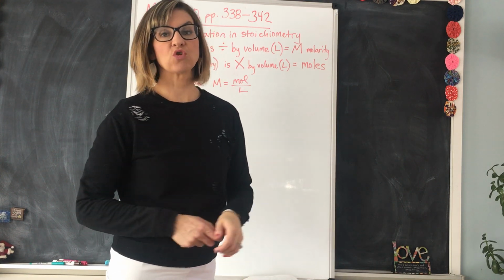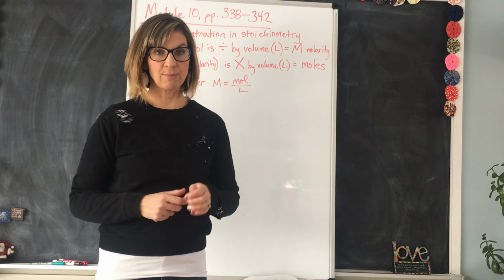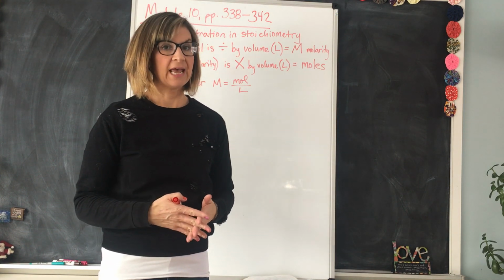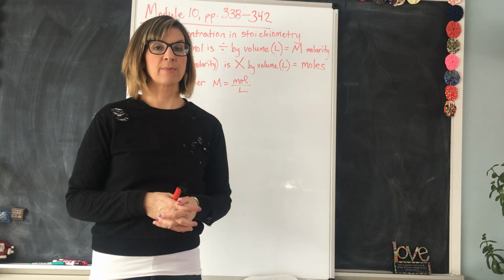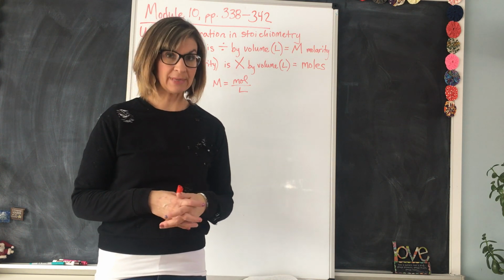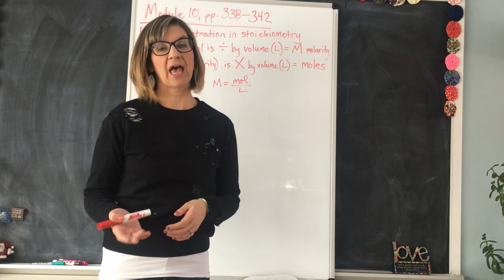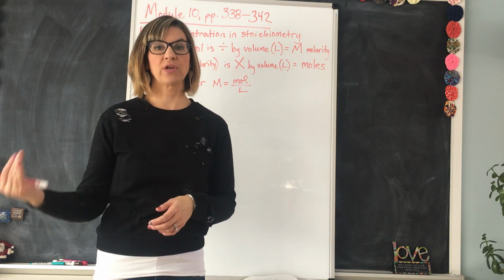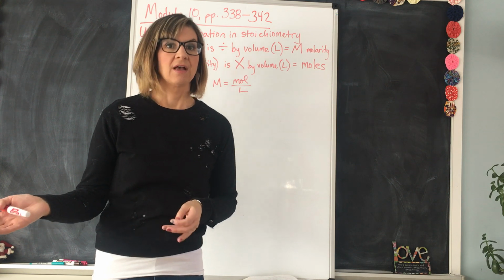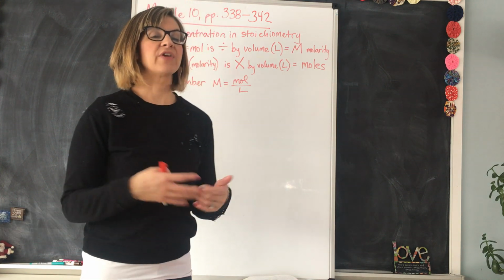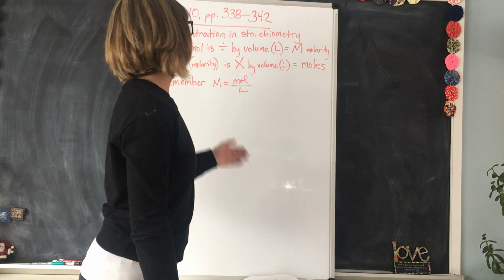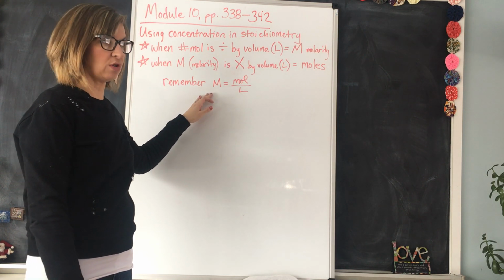So remember, in stoichiometry, you are able to look at a balanced equation, and if you know the number of moles of your limiting reactant, you can predict and figure out how many moles of your products you're going to end up with. So if you know the concentration of something, then you can figure out the moles.